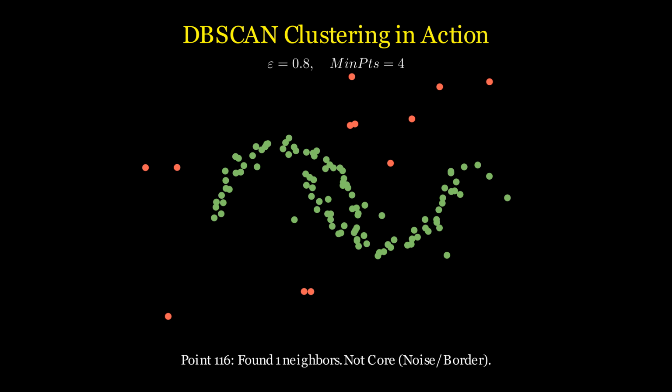The algorithm iterates through points, identifies core points, and expands clusters until all points are visited. Noise points are left unclustered.